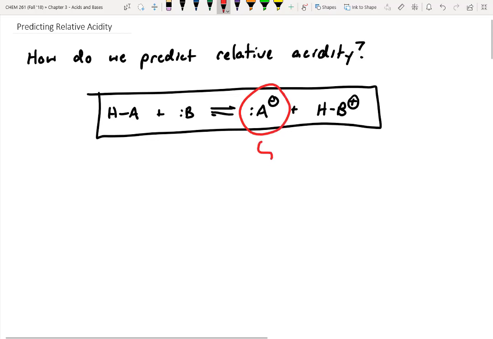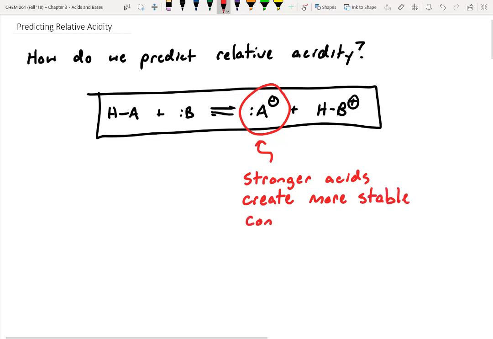The key feature that we talked about with our problem of the day is that a really, really good, strong acid creates a really stable conjugate base. So stronger acids create more stable conjugate bases.